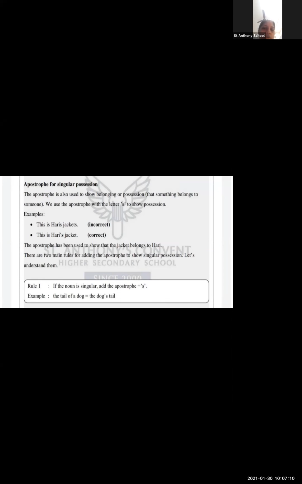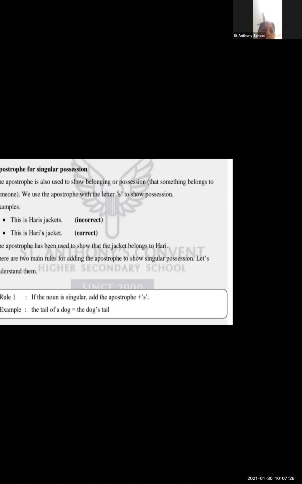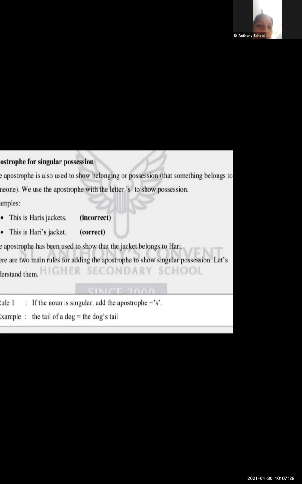If you have a noun in singular, you will add apostrophe plus S. The tail of the dog: instead of writing such a big sentence, what will you write? The dog's tail. Okay, you can make the sentence smaller by using the apostrophe.